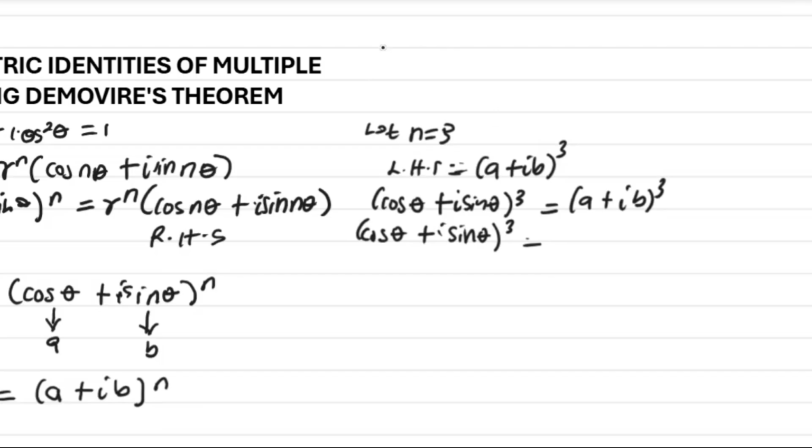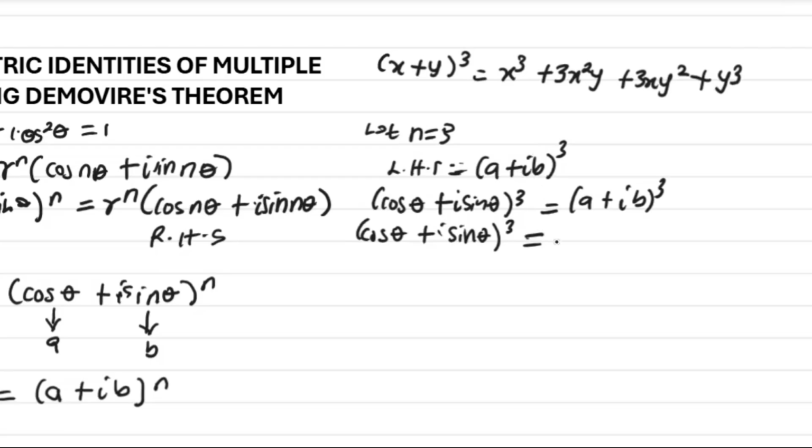From Pascal's triangle, we know that x plus y raised to power 3 is going to give us x raised to power 3 plus 3x square y plus 3x y square plus y raised to power 3.